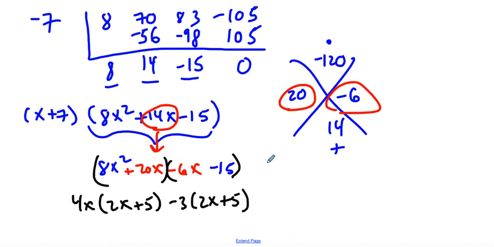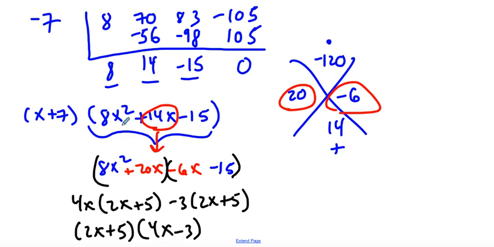See it? And this should always happen. What's inside of the parentheses should always be the same. So I'm going to factor that out. Each of these 2 have the exact same factor. So if I factor out 2x plus 5, then what do I have left? I have 4x left, and I have -3.